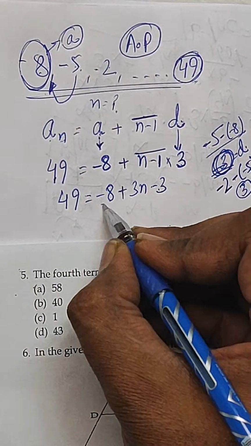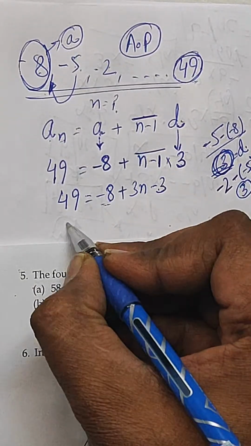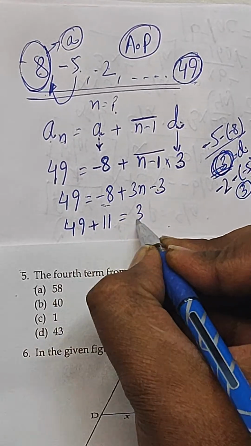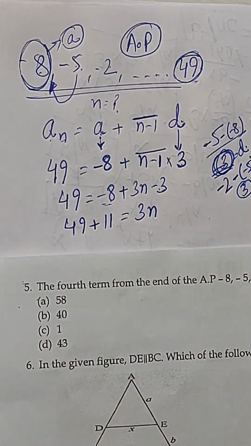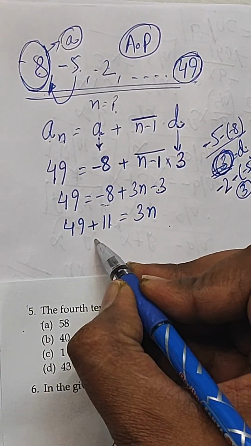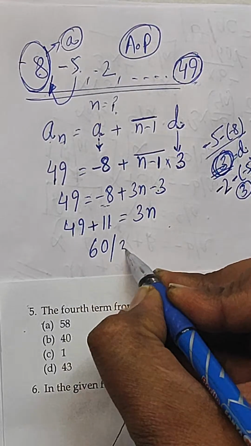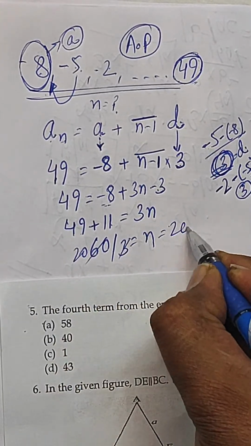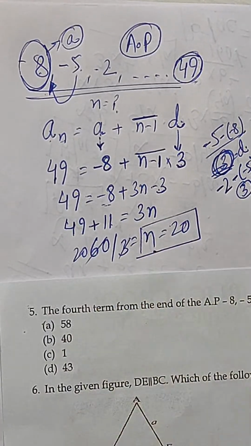Minus 11 going to the LHS becomes plus 11, which is equal to 3n. So 49 plus 11 is 60. 60 by 3 is the value of n, which is coming as 20. So the value of n is 20.